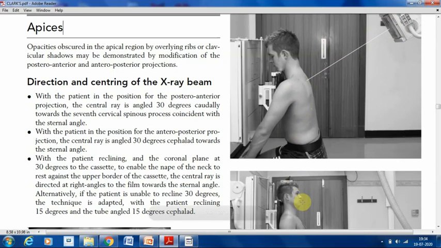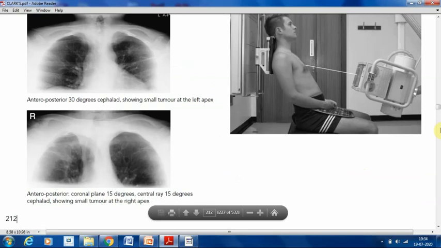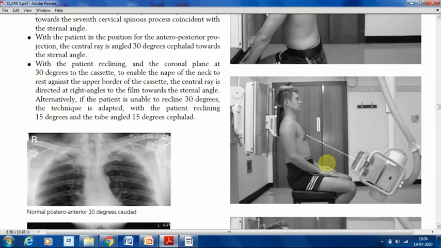Whereas in the AP view, I already mentioned, 30-degree cephalad angulation will be given. Cephalad means towards cranial. Here also the central ray should pass through the sternal angle.